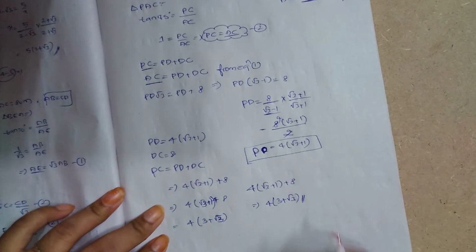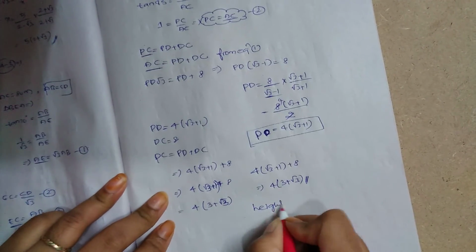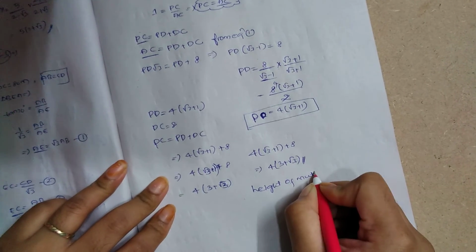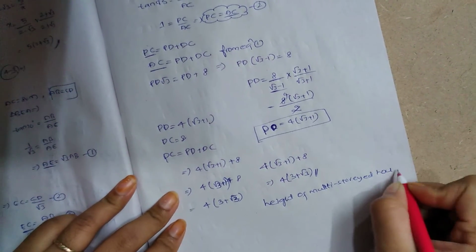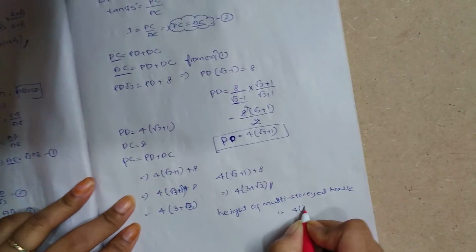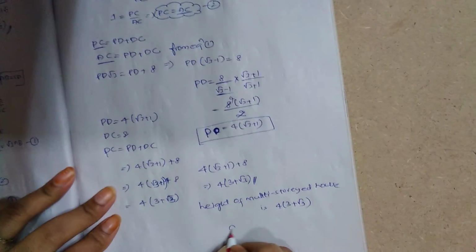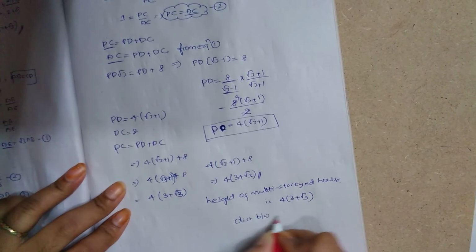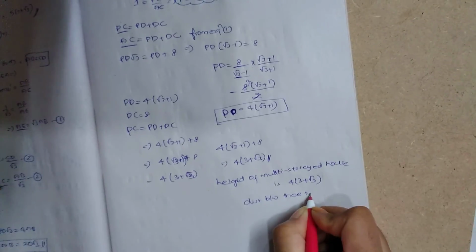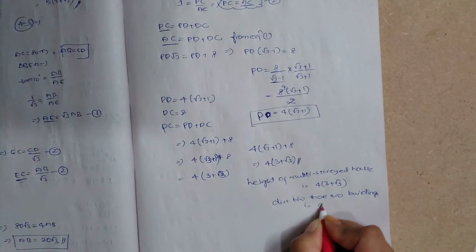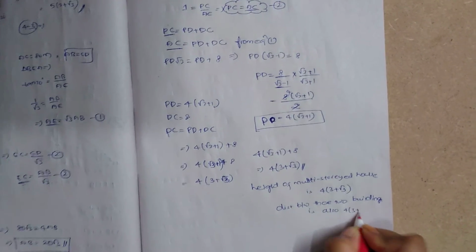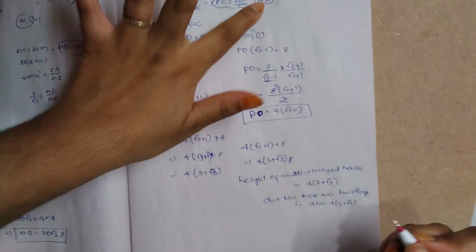Yes, this is the height of the multi-storied house, 4 of 3 plus root 3. Distance between those two, what is it? Distance between those two buildings is also 4 of 3 plus root 3 from equation 2.